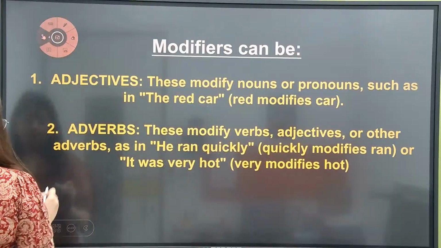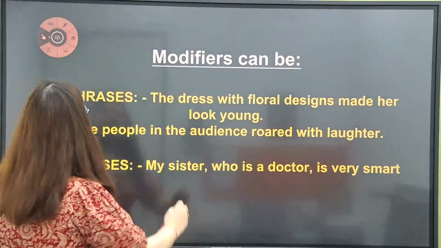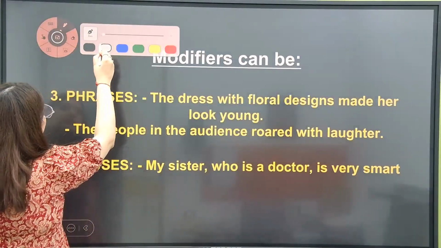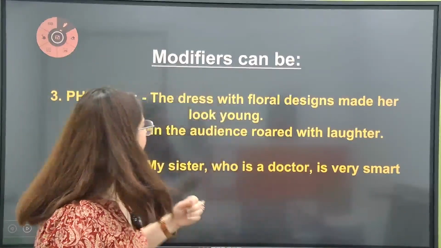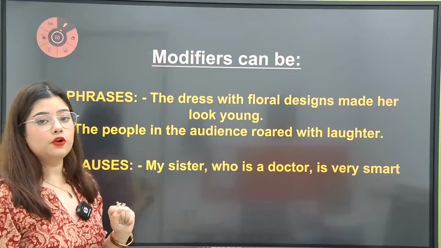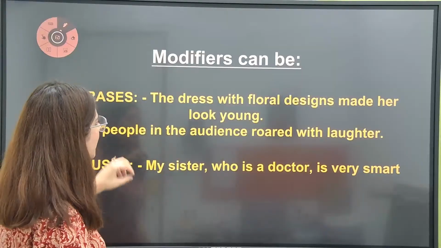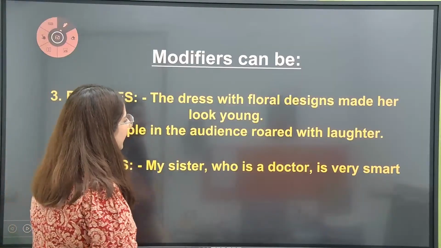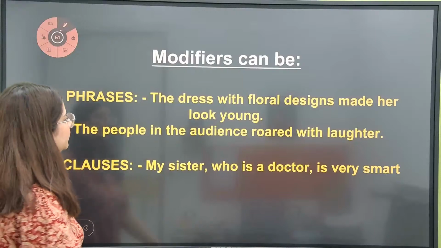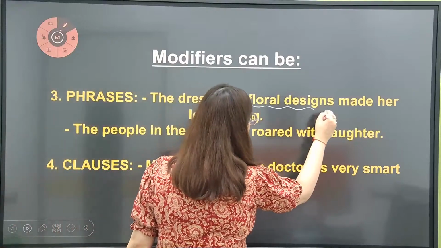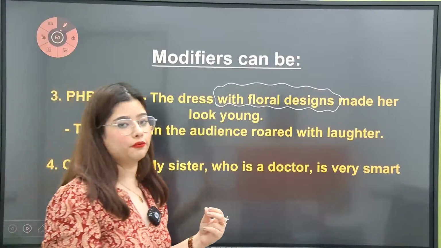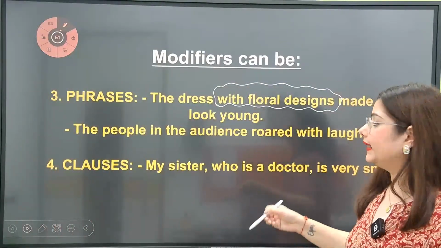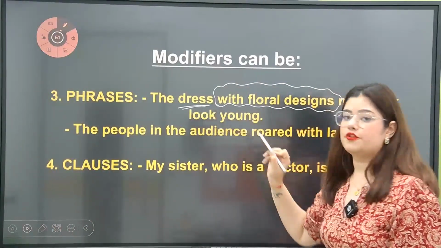Moving on, any phrase in a sentence could also act as a modifier. For example, if we have a look at the sentence, the dress with floral designs made her look young. The dress with floral designs. This is some extra information, extra detail about the dress.